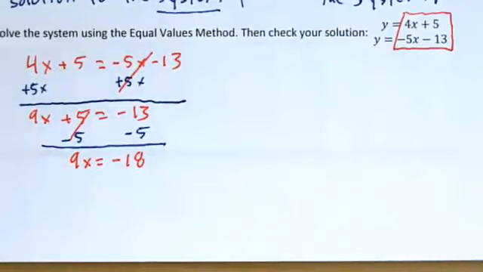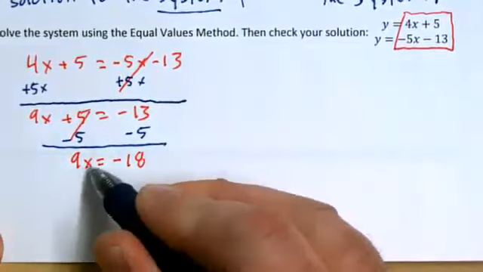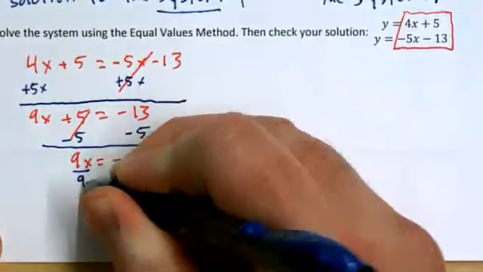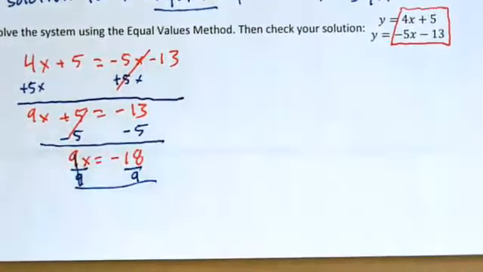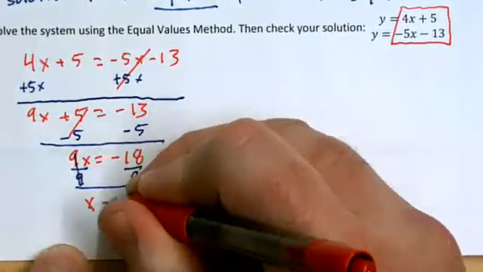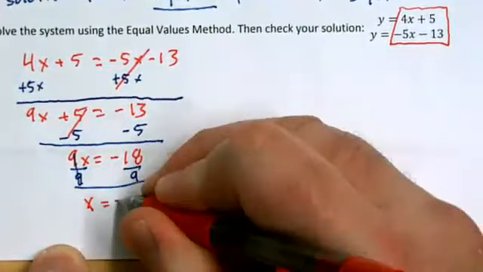When I'm solving, I always like to save division for the last step in case it causes a fraction. So that 9 is multiplying, so we will divide on both sides by 9. x equals negative 2.